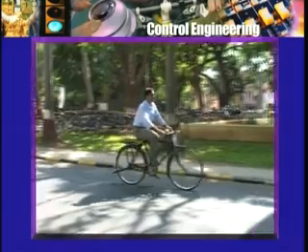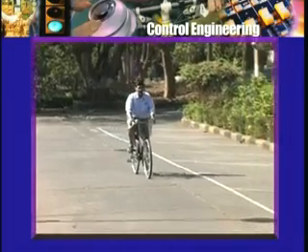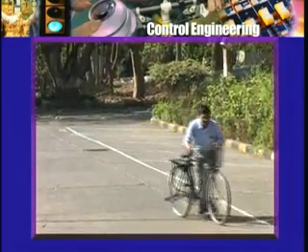Some of you may not have learnt it. Perhaps the most important is the act of balancing, not falling off. The bicycle tips to one side. So balancing is one act. If you think about it, it's not really very simple, but we learn to do it.